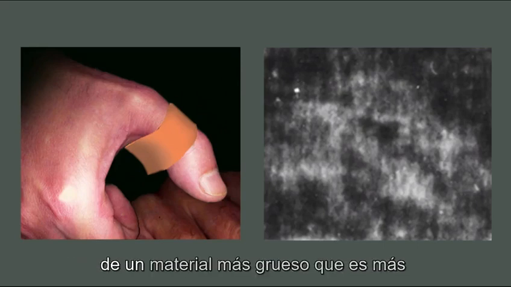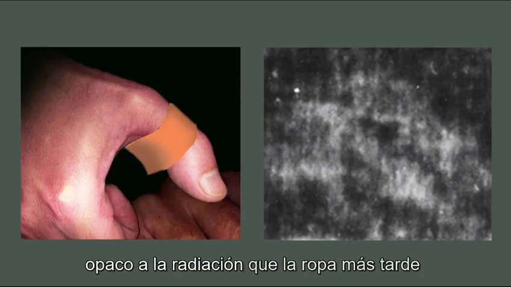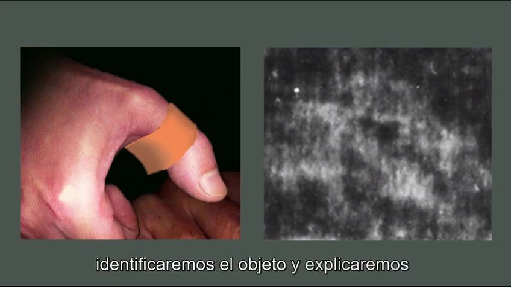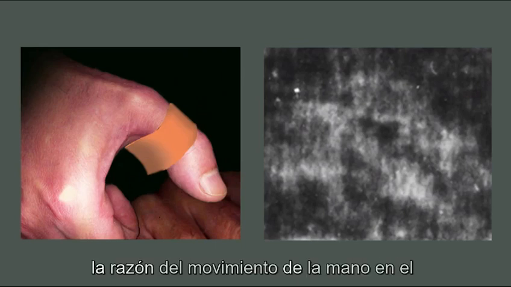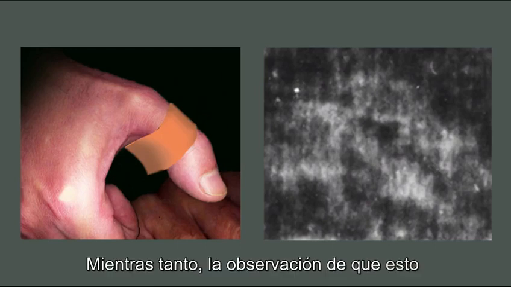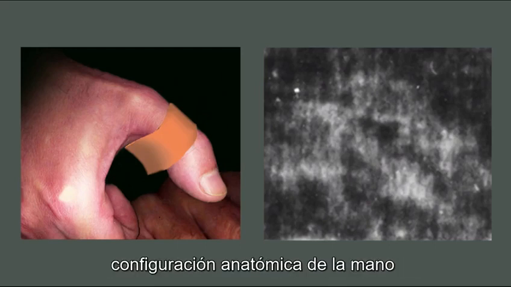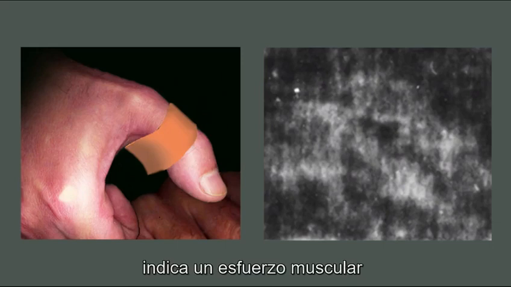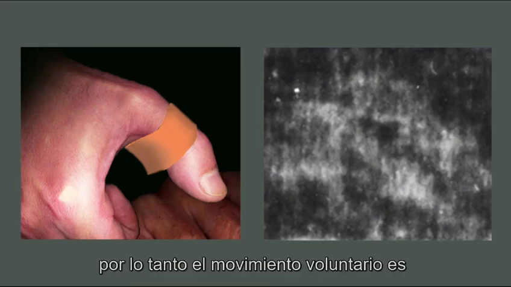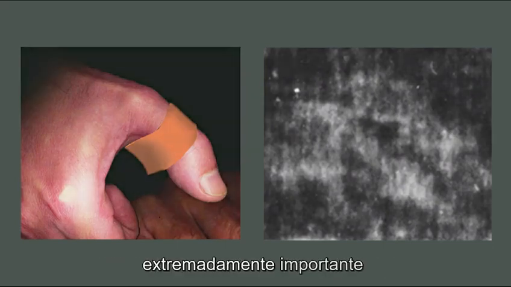Therefore, it is made of a thicker material that is more opaque to radiation than the linen. Later we will identify the object and explain the reason for the hand movement. In the meantime, the observation that this anatomical configuration of the hand indicates a muscular effort, therefore voluntary movement, is extremely important.